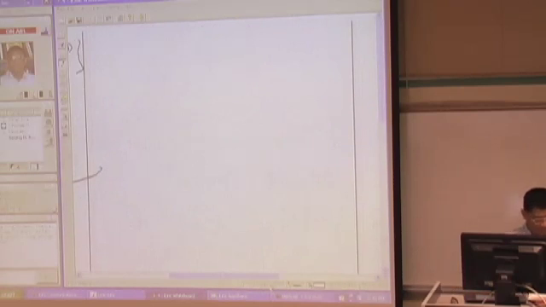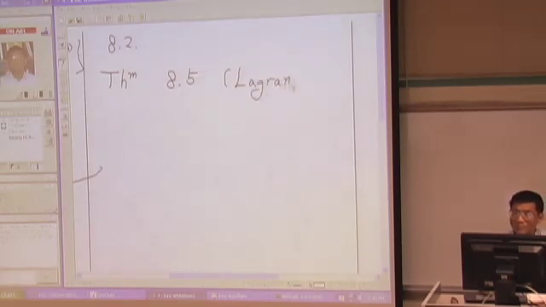Then, the next one is 8.2, Theorem 8.5, and the name is called Lagrange's theorem.